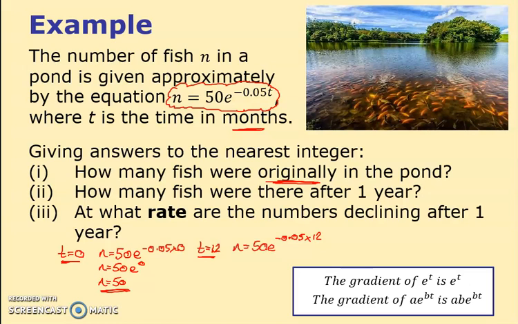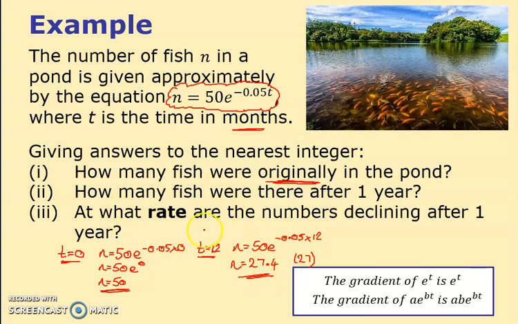Not quite so pretty answers as last time, so I shall do it all on my calculator. Negative 0.05 times, what was it, 12? I've got 27.4. So I'm going to write 27.4, but presumably you can't get 27.4 fish. So presumably that's really 27. But I shall write 27.4 for the sake of argument.